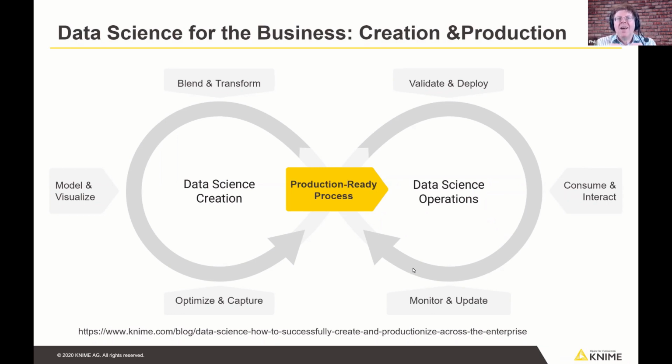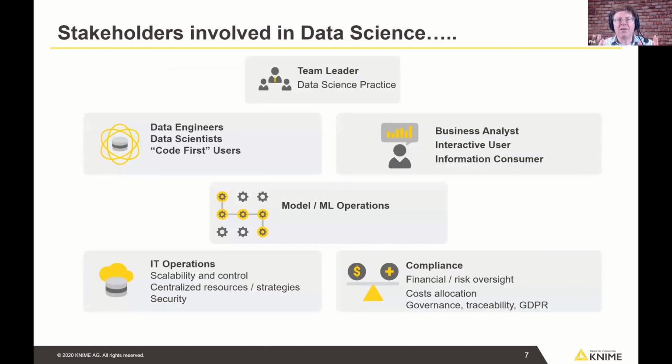In other words, data science not just for the individual, but for the business, which combines creation and production. When you look at this diagram, you expand very quickly out of just the classic data scientists, data engineers, and people who like to code things, into a much broader range of individuals that need to use, take advantage of, and get benefit from the data science investment.